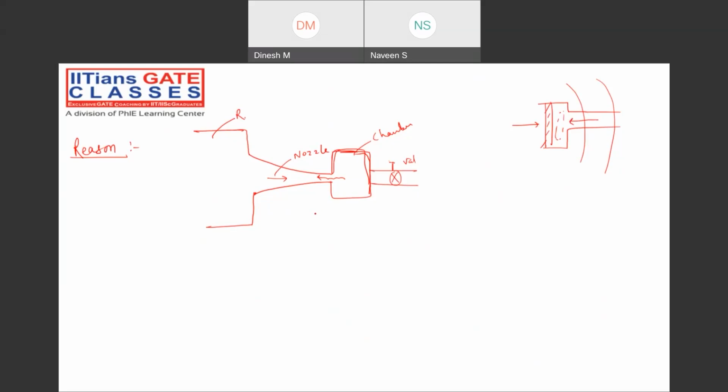Now, suppose the moment you reduce the pressure over here, try to understand, this is a very, very important reason. You will not find it anywhere. The moment you open the valve, the pressure will be decreasing. That message will be propagating to the reservoir.